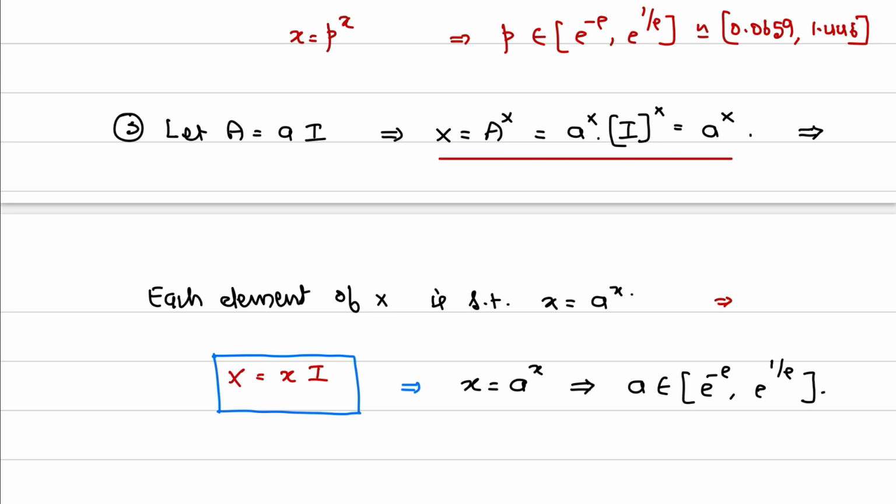Any value you please suggest between 0.0659 and 1.446.